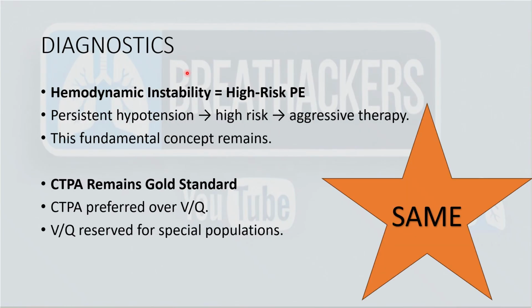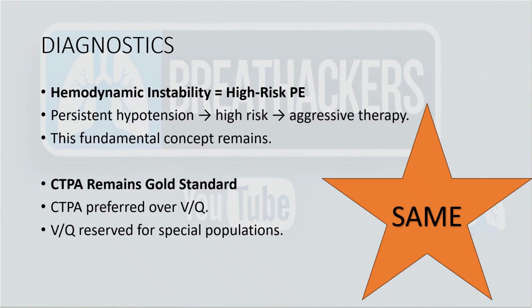Coming to the diagnostics, CTPA still remains the gold standard. The indication of VQ remains reserved for special populations like high creatinine, obese people, anaphylaxis to the contrast. Of course, the hemodynamic instability criteria remain the same, and presence of hemodynamic instability makes the patient high risk pulmonary embolism.